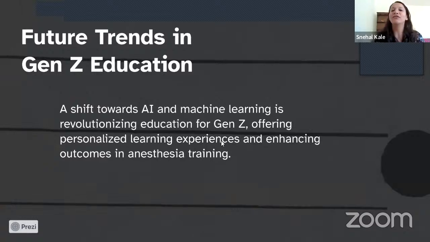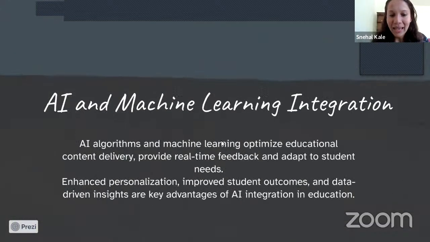So, what exactly is the future trend in Generation Z education? A shift towards artificial intelligence. Machine learning is revolutionizing education for them, offering personalized learning experiences and enhancing outcomes in anesthesia training. And these AI algorithms and machine learning are going to optimize educational content delivery.